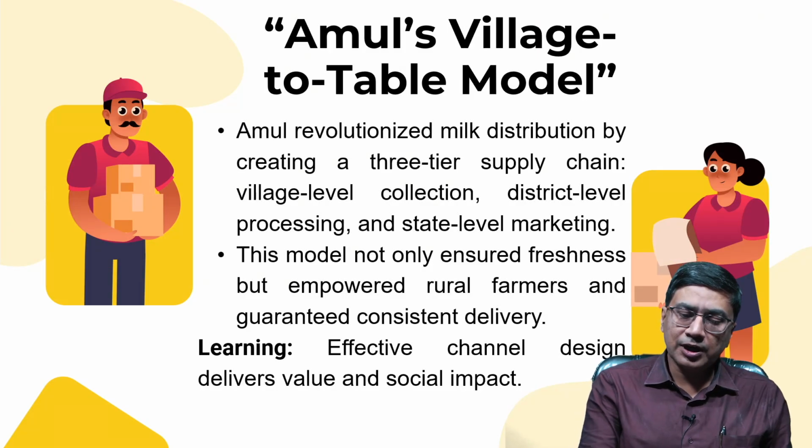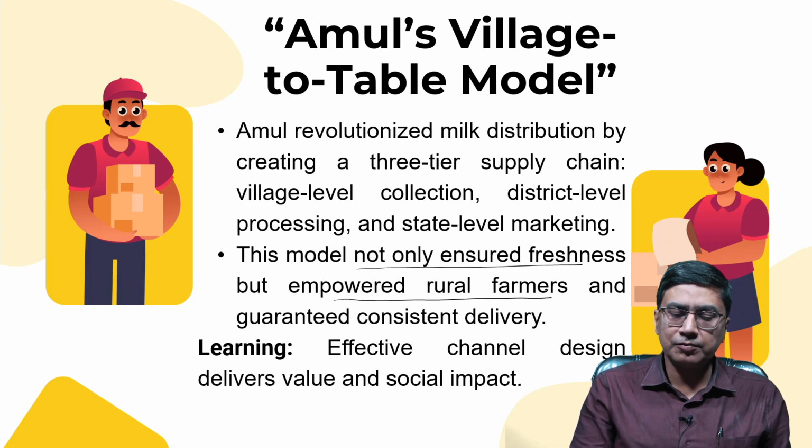The collections from different villages, the district level processing units, and then the state level marketing functionaries who are actually making this distribution possible and creating an experience of brand Amul.